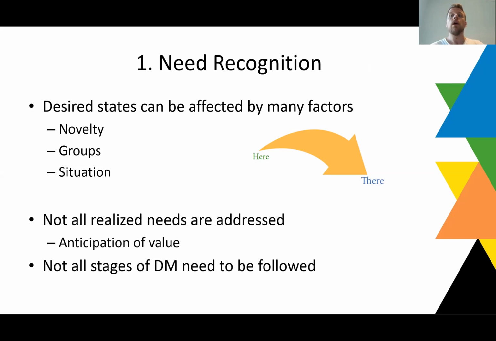So the decision-making process is also only a theoretical construct that in its most extensive form, all stages are followed actively, but a lot of stages along the decision-making process can also be followed automatically, habitually by system one, and maybe not even be in our mind for any split second and cause any active system two participation. So this is basically need recognition.